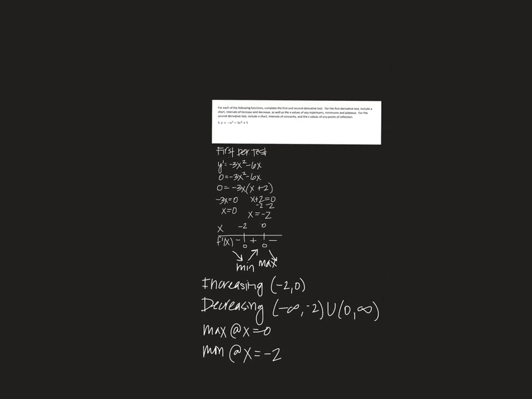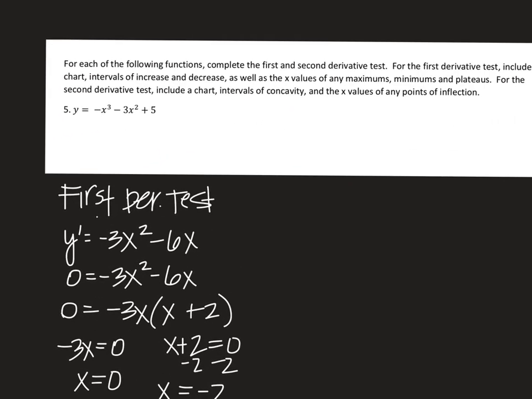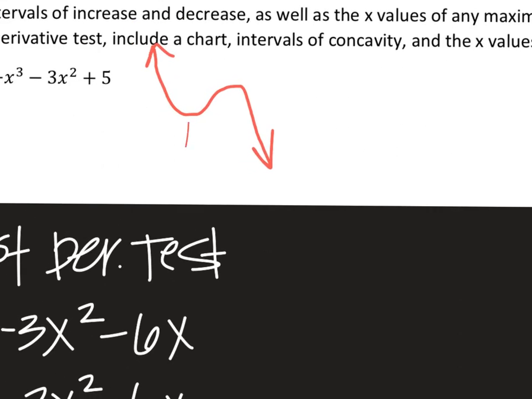Now, what I want to remind you of is what we are describing is this original cubic graph, which looks like this. So here's what we found out so far. We found out that this minimum is at x equals -2, and that this maximum is at x equals 0.